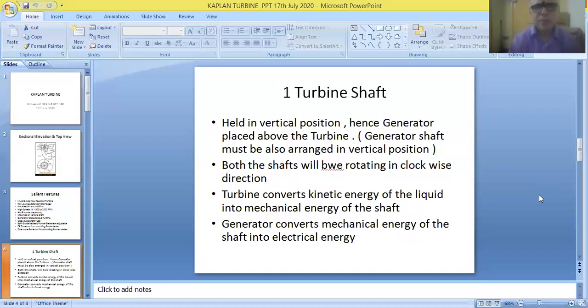The turbine will be converting kinetic energy into mechanical energy of the shaft, and finally the generator will be converting mechanical energy of the shaft into electrical energy. That's referred to as power generation.